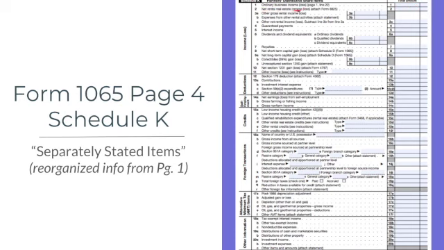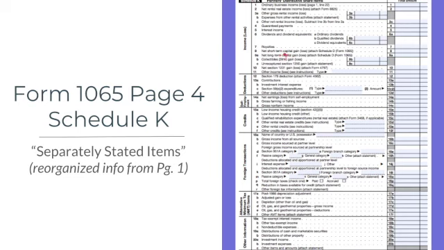Then we have net rental real estate income, other gross rental income, expenses from other rental activities, guaranteed payments, interest income, dividends, royalties, net short-term capital gain, net long-term capital gain, collectibles capital gain.